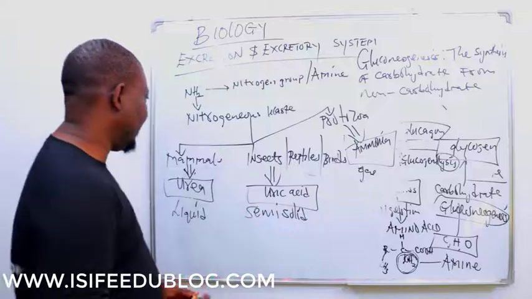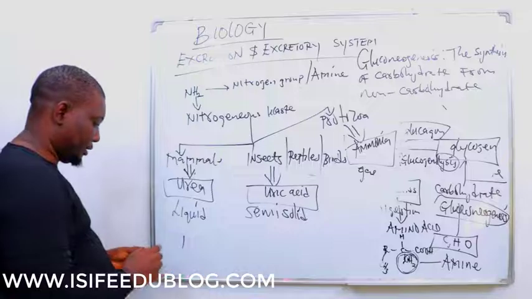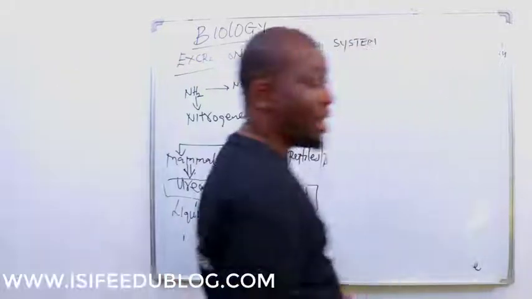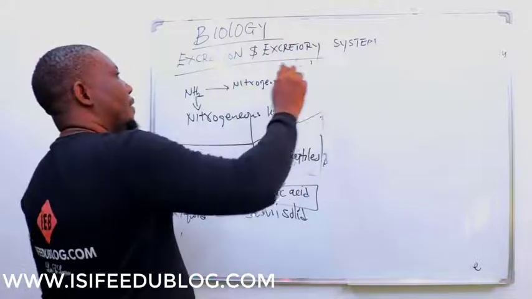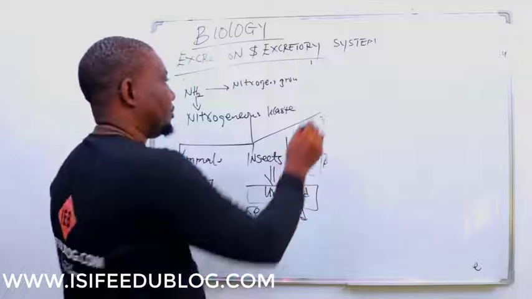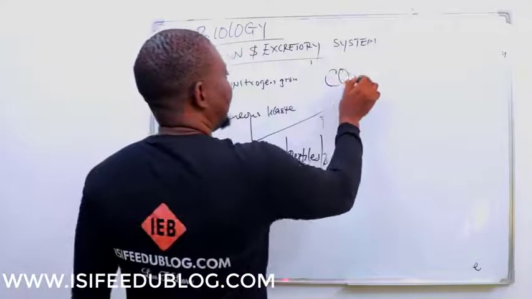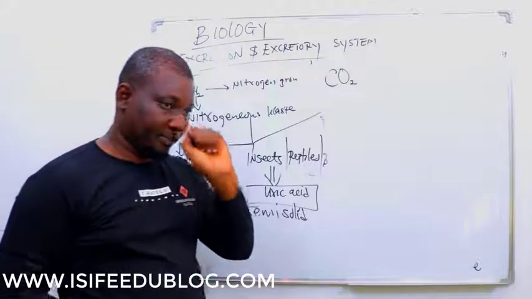Basically, I'm going to show you something. In this case, we have mammals. This is what happens in mammals. It is called urea because after tissue respiration in mammals, carbon dioxide is released alongside water.